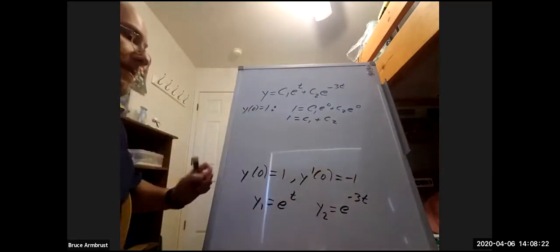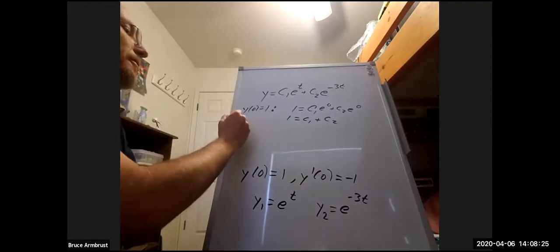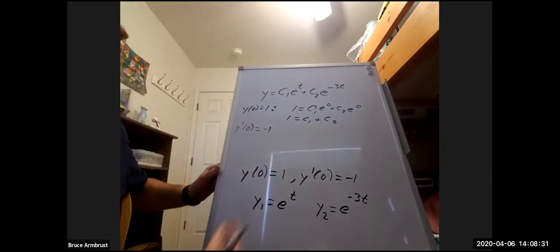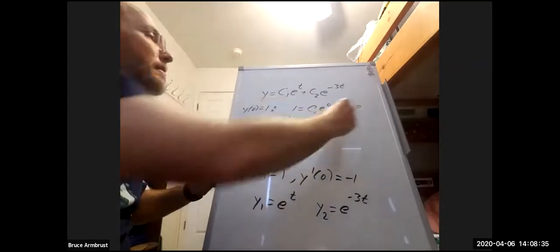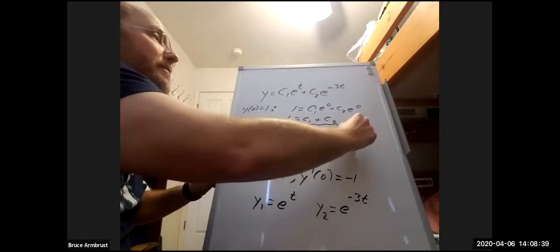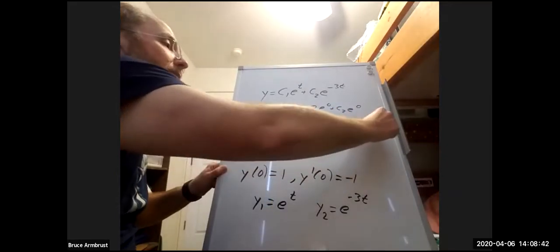So now let's go to the second piece. We've got that the derivative at 0 is equal to -1. Well, let's get the derivative real fast. The derivative of this thing is C1 e to the t minus 3C2 e to the minus 3t.